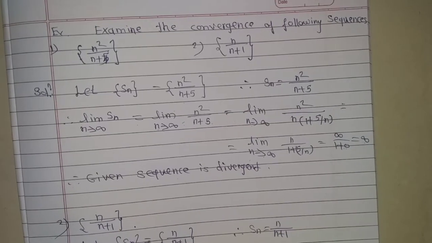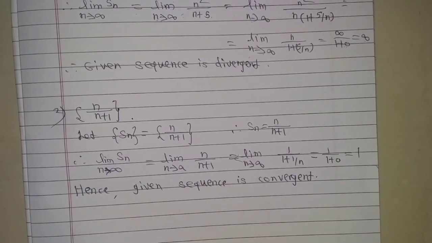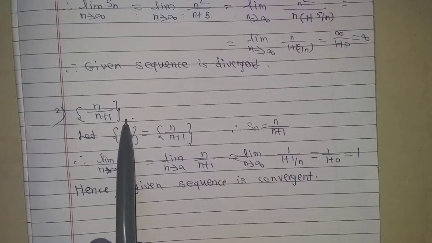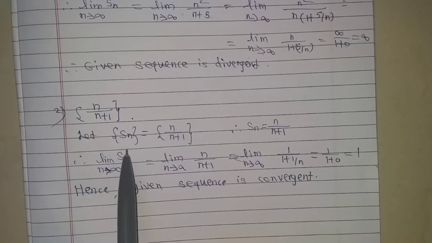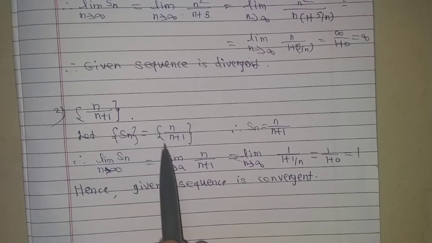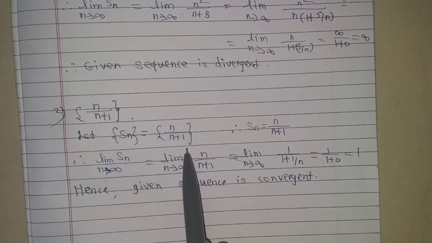Now we consider another example. Here we have to find the convergence of the sequence n upon n plus 1. Let sequence Sn equal to sequence n upon n plus 1.